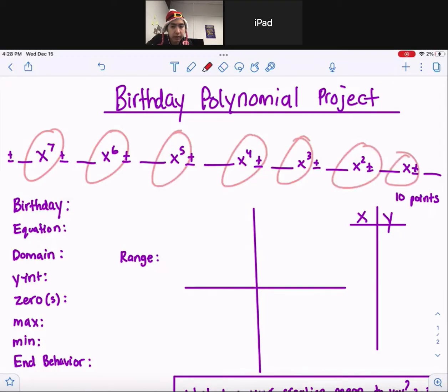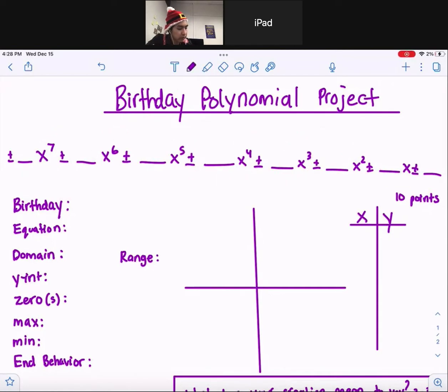Okay, and then there are spaces on purpose because now you guys are going to create a polynomial based off your birthday. So let's just say, for the sake of argument, we put a random birthday up here.